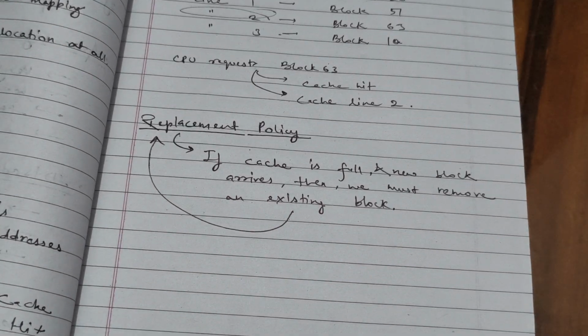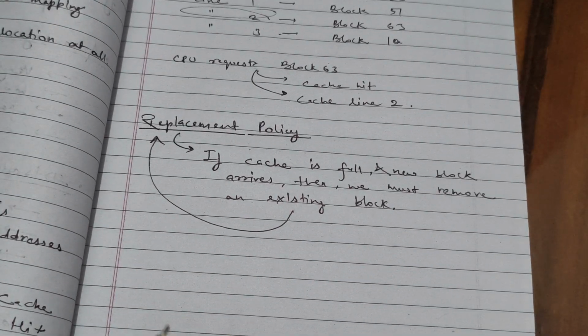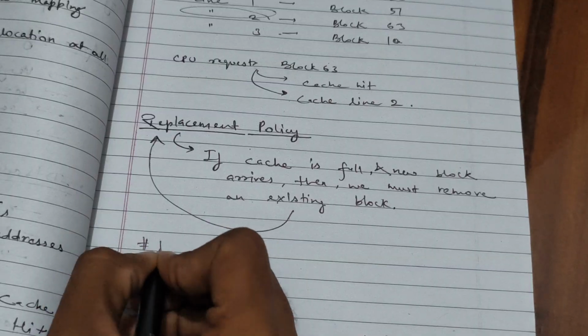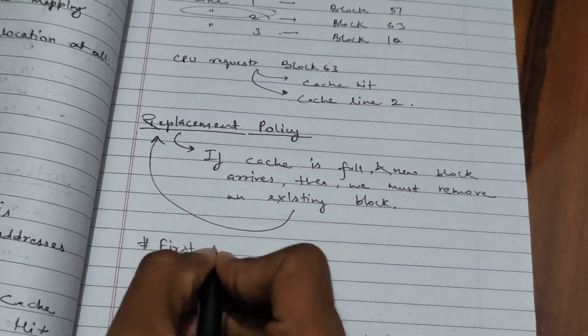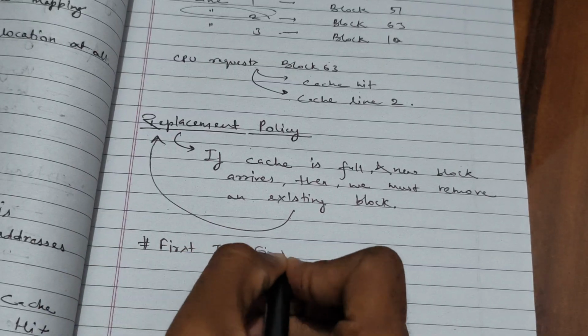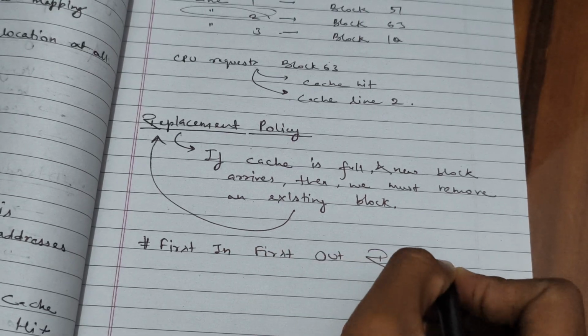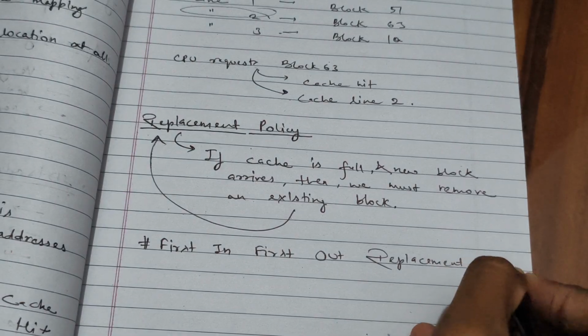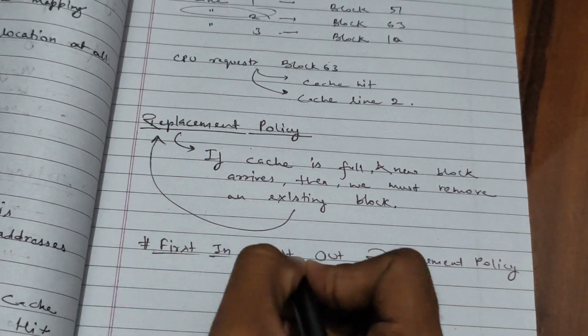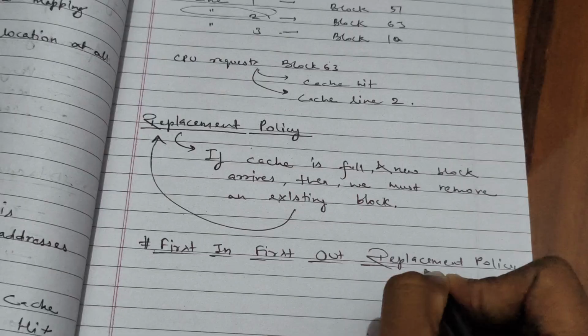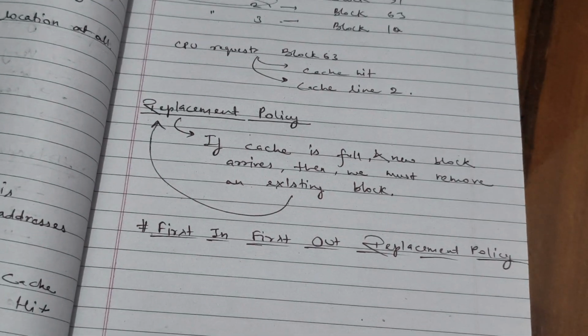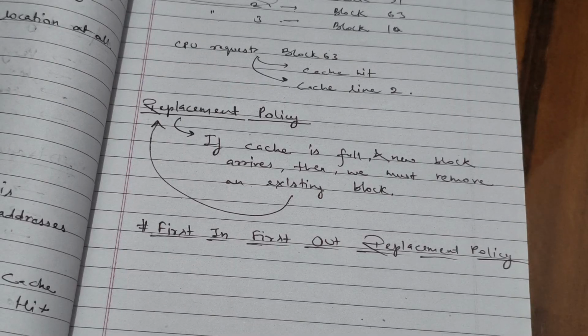Now there can be multiple replacement policies, one of which is the first in, first out replacement policy. As the name suggests, the policy is first in, first out.